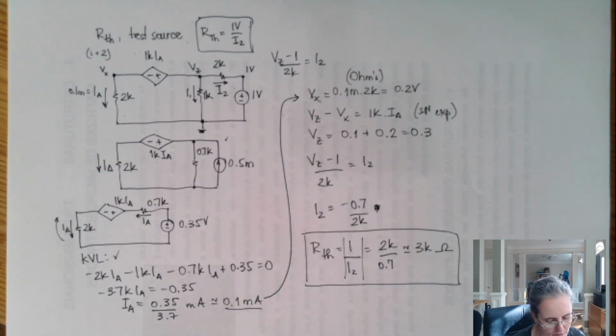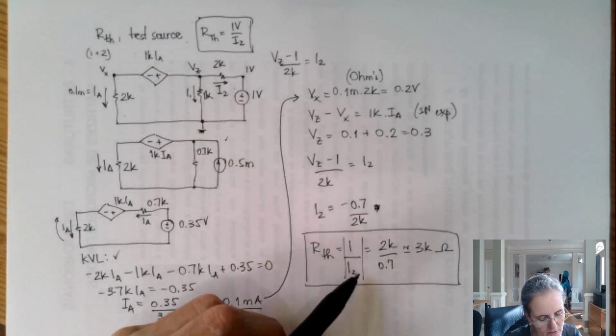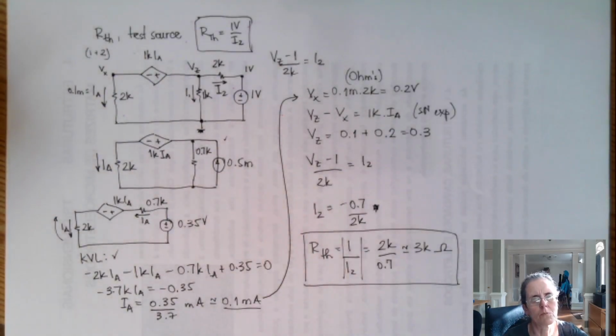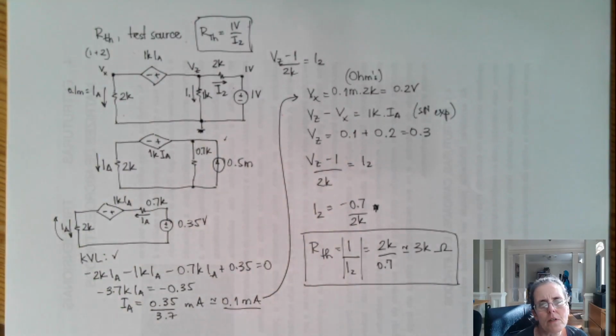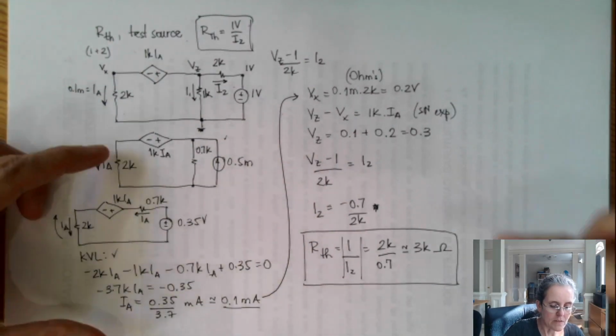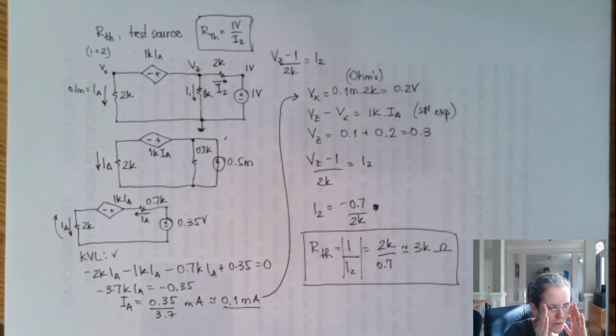So there's all kinds of electric circuits concepts here for you to find the Rthevenin using a test source. I hope this helps, and you can use any other method actually. So this example here is just one way of solving the circuit, but there's many other ways that you have learned.